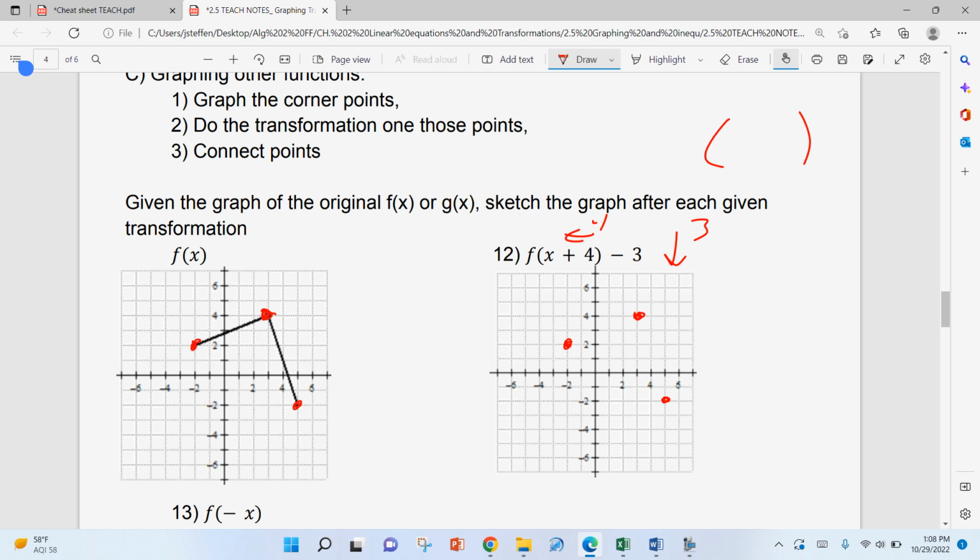So move every single one of these points, left 4, down 3. So left 1, 2, 3, 4, down 1, 2, 3. Over 1, 2, 3, 4, 1, 2, 3. And then connect them. So it looks exactly like the other one. All we did was we moved it to the left and then down.